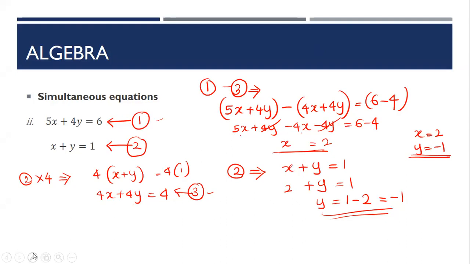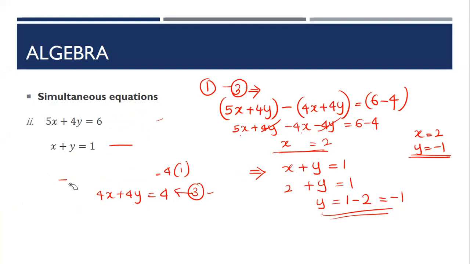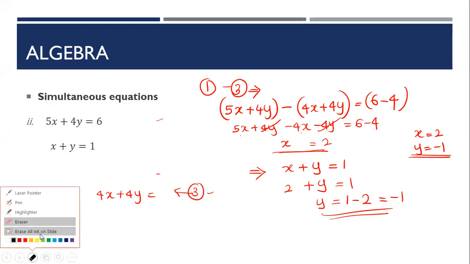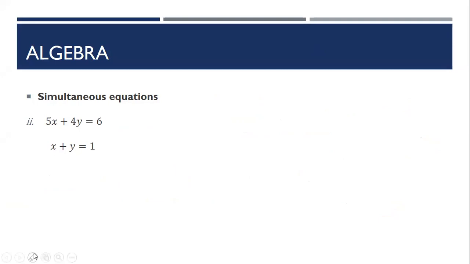Okay, so let's wait, I will erase the lines. So this is my equation 1 and this is my equation 2, and now I am going to remove the x ones. Here it is 5x and here x.